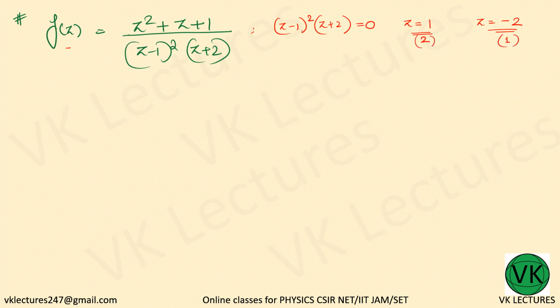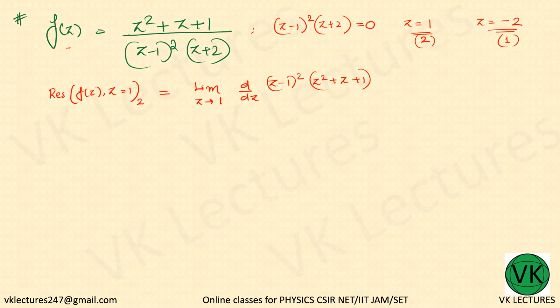Now the residue of the function f of z at z equal to 1, with pole of order 2, is the limit as z tends to 1 of the first derivative, that is d by dz of (z minus 1) squared into f of z, that is (z squared plus z plus 1) divided by ((z minus 1) squared into (z plus 2)).